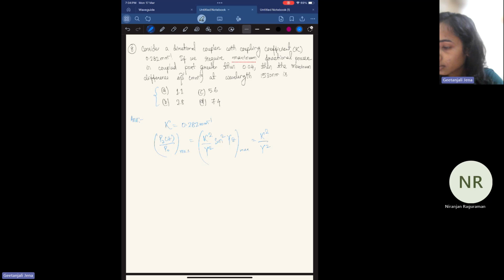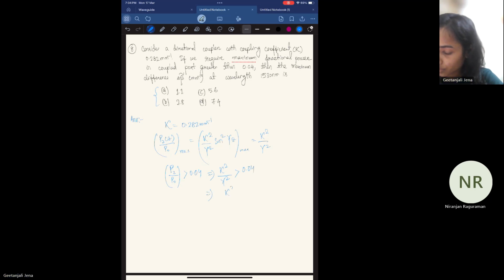It is given that the maximum fractional power in the coupled port should be greater than 4%. So that means P2 over P0 is greater than 0.04. That means kappa square over gamma square is greater than 0.04.